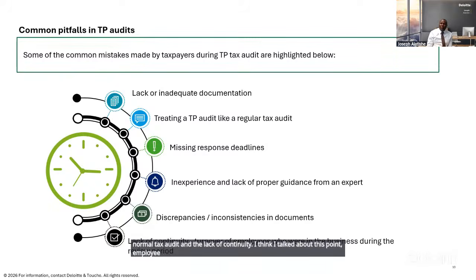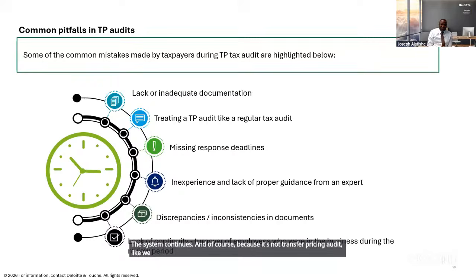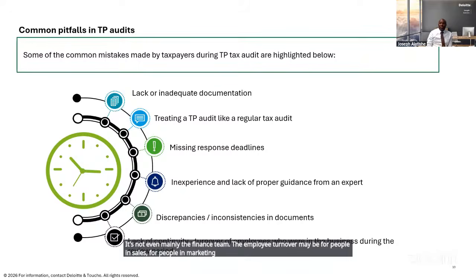Employee turnover, especially where you've not kept documents, where you don't have proper handover to ensure that the system continues. And of course, transfer pricing is not limited to the finance team. It's not even mainly the finance team. The employee turnover may be for people in sales, marketing, IT, and those may be the people key to that audit.